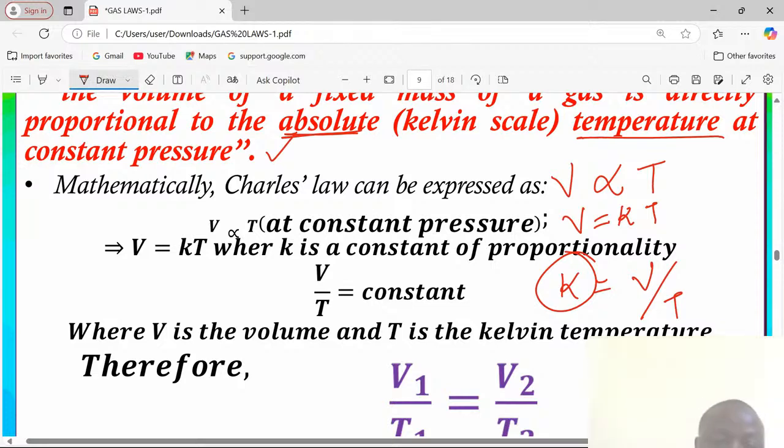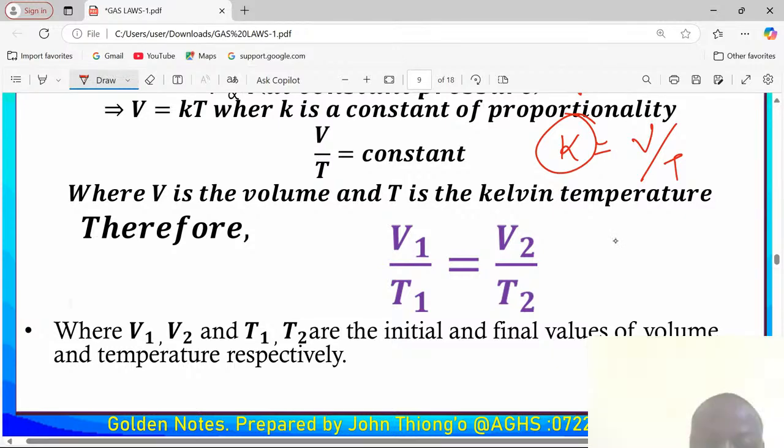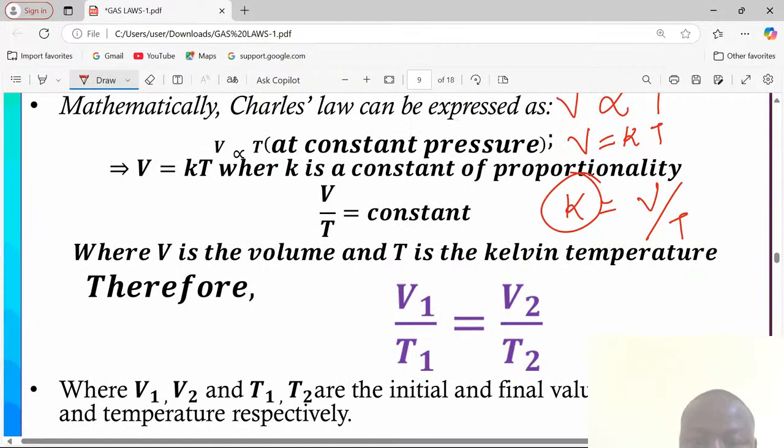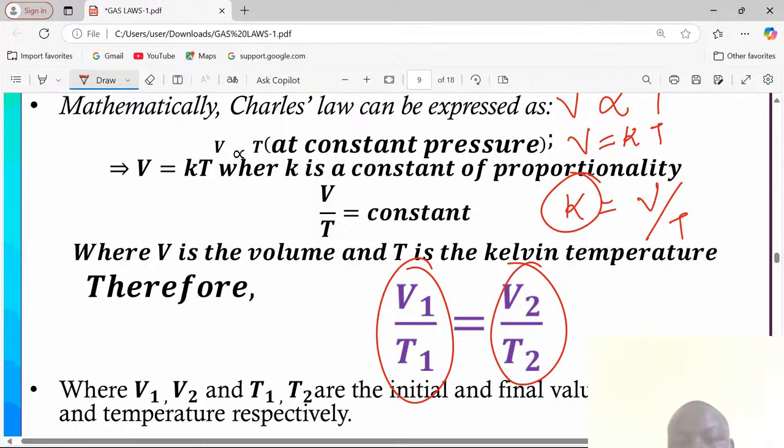And that is why we are saying for this particular case, V1 over T1 is the same as V2 over T2.